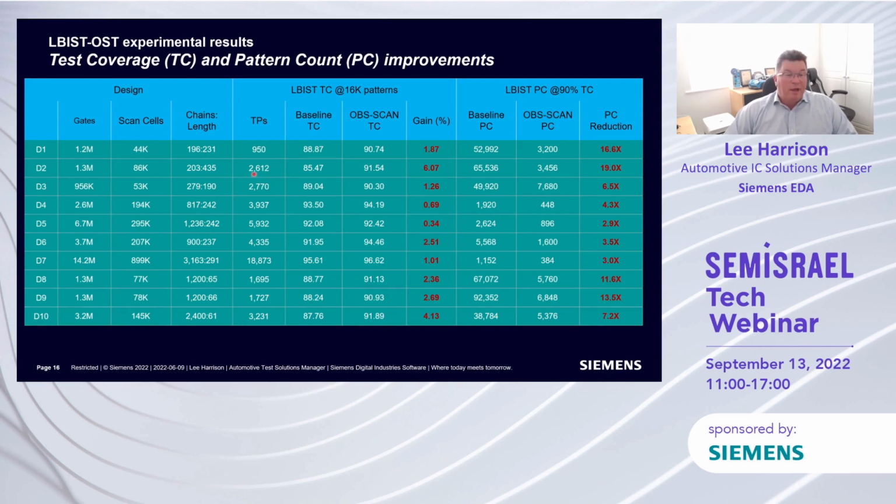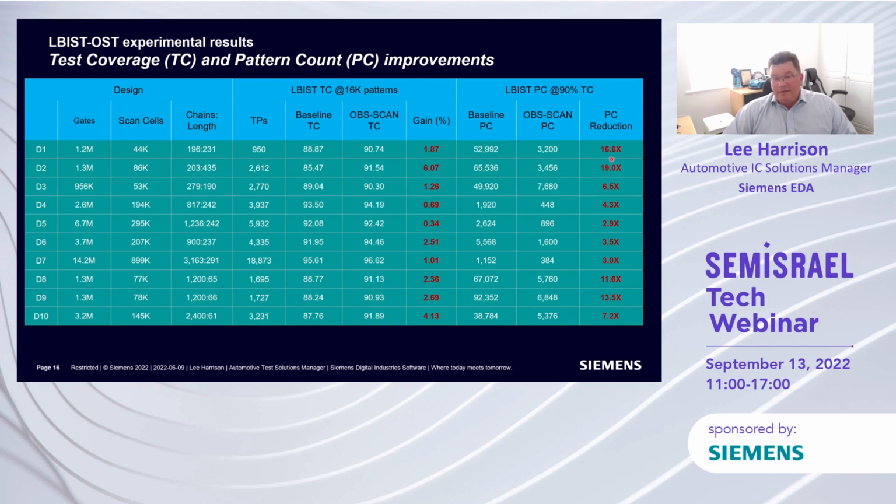If you look at the baseline, this is just regular logic BIST. For example, design one, we needed nearly 53,000 patterns to achieve a 90% coverage target. When we introduce observation scan, we're able to reduce that pattern count down to just over 3,000.